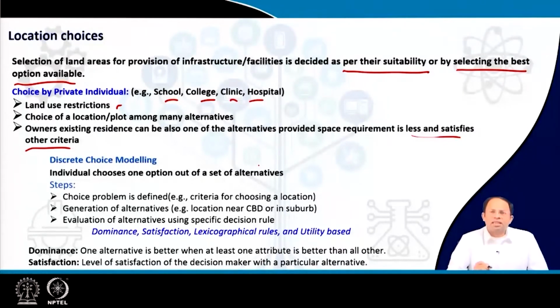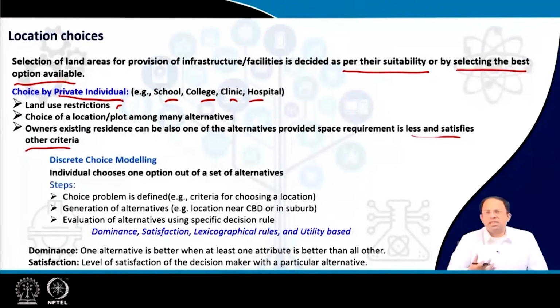So he considers both characteristics of the school. That means a school should be near a residential area, a school should have a certain amount of play field. So certain kinds of criteria he can consider, which are mostly coming from the school itself, that is the characteristics of the school, what a school requires and so on. And the other is based on his own characteristics, his own conveniences and so on. So based on this, he will make a choice, because it's a choice made by a private individual.